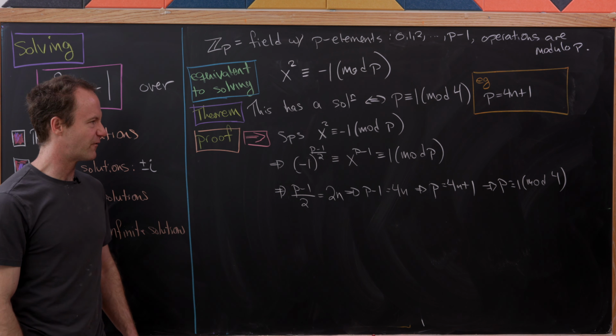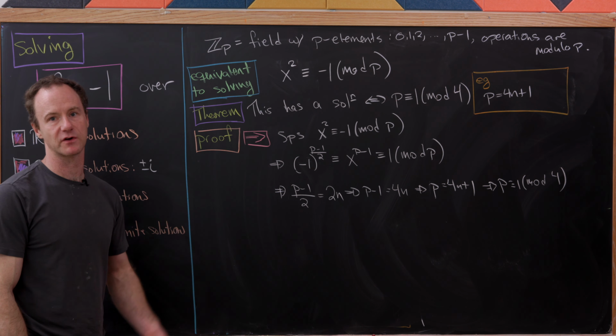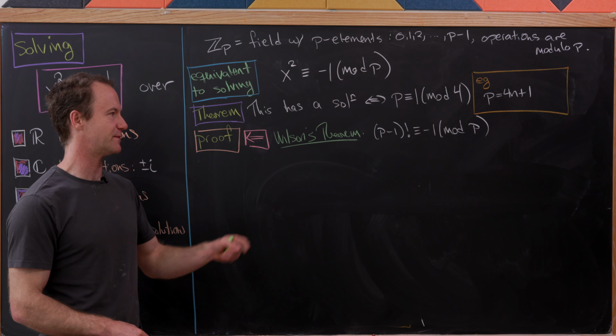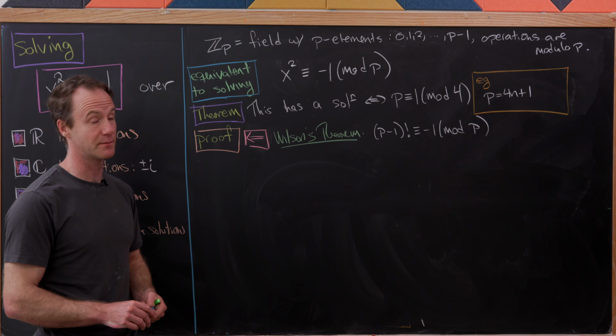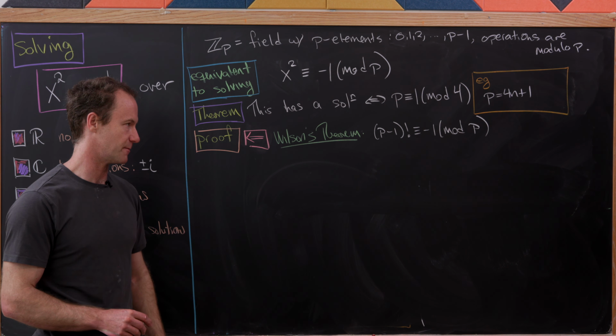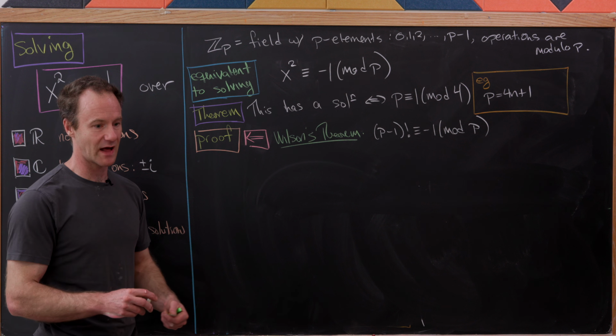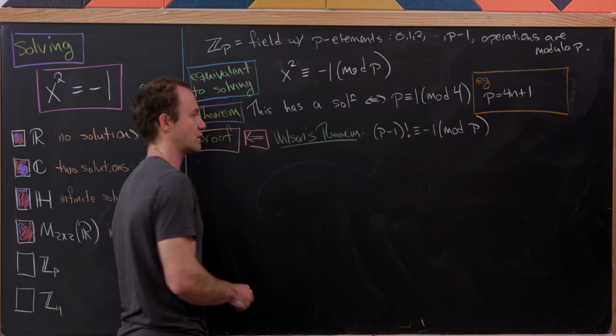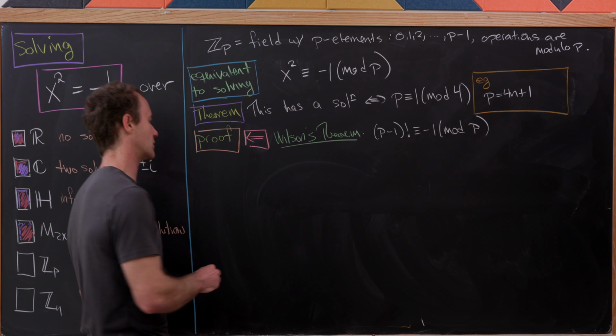Okay, so that's this forward direction. Now let's do the reverse direction. So for our reverse direction, let's use something called Wilson's theorem, which says that (p-1) factorial is negative 1 mod p when p is a prime. And the idea here will actually construct a solution. So let's take this (p-1) factorial and write it out.